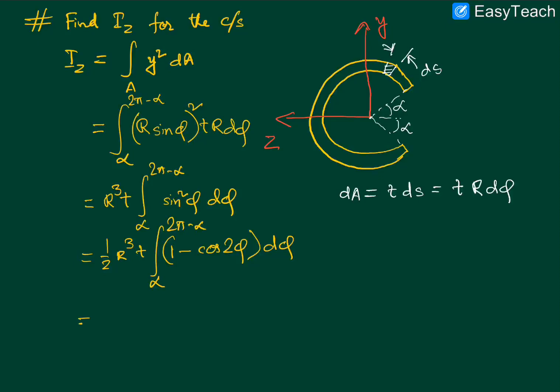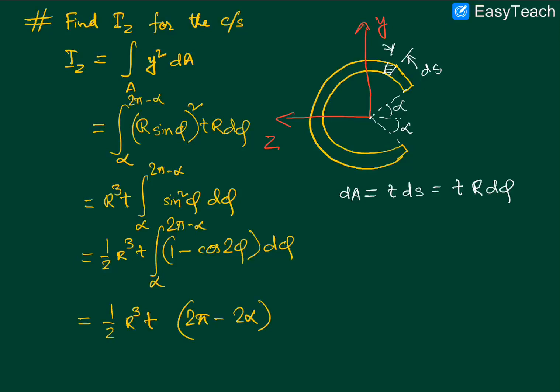I'll just put down the answer here, which is half r cube t times twice pi minus twice alpha.